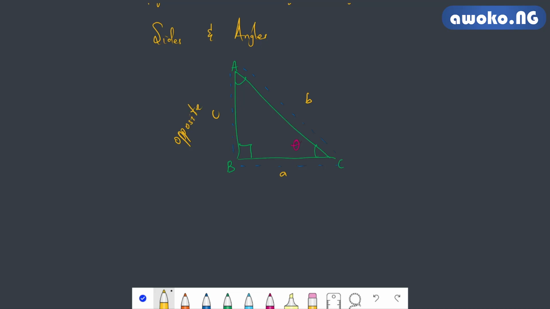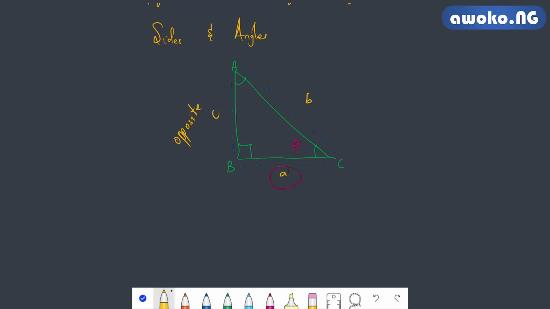So invariably, any side facing the angle is called the opposite side. So if angle theta was here, this side a would have become the opposite. Is that okay? But in this case, our angle theta is facing the side c. That makes our side c the opposite side of this triangle.